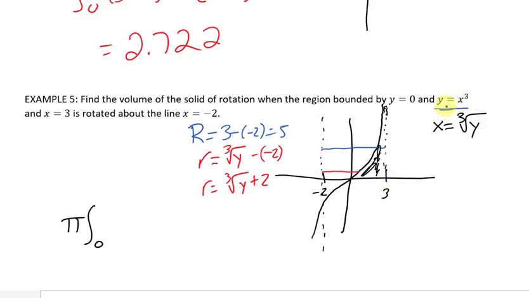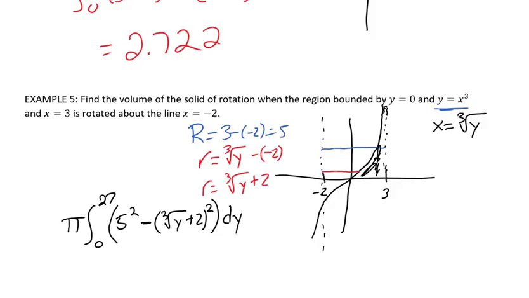So it goes from y equals 0 to y equals 27 of the outer radius squared, so 5 squared, minus the cube root of y plus 2, squared, dy. It's of course a dy problem, not a dx problem this time, and you can put that into your calculator to get the answer, but that is what the integral would look like.